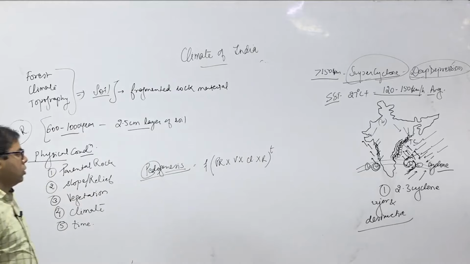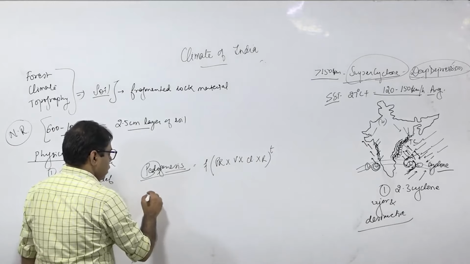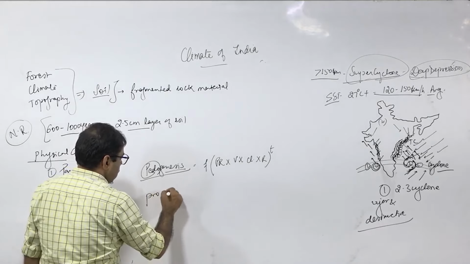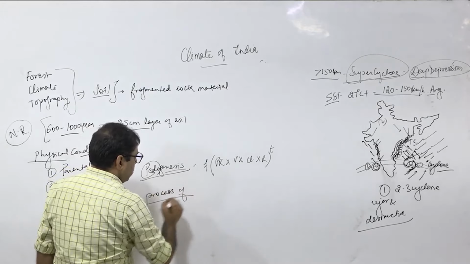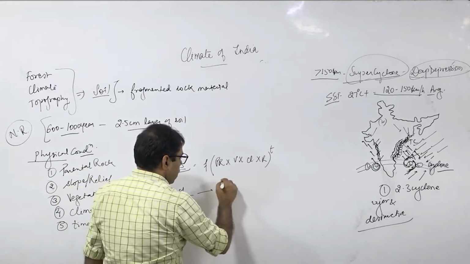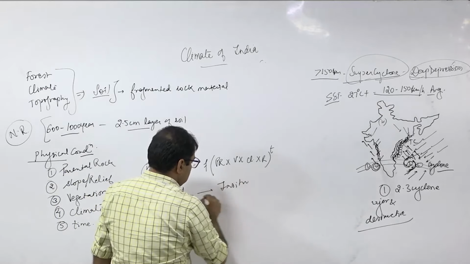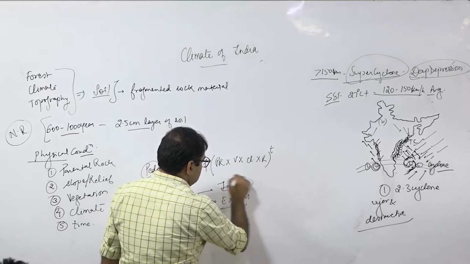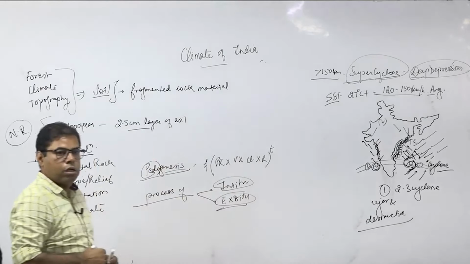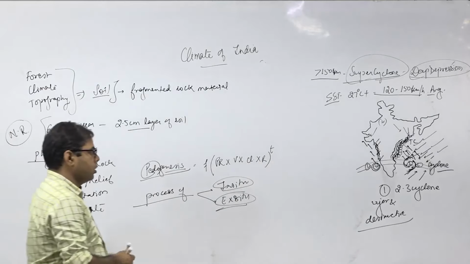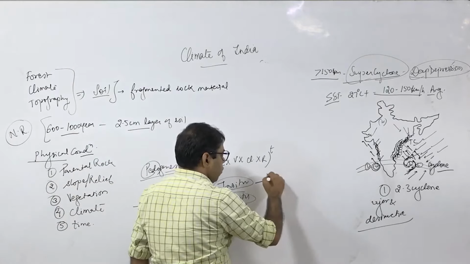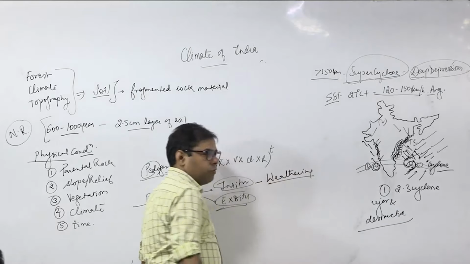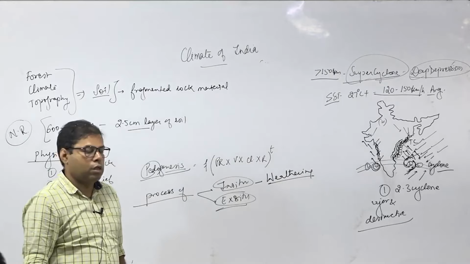right? So soil is formed by the process of in situ action and the ex situ action, right. In situ action, that is weathering, is responsible for the formation of soil, right.